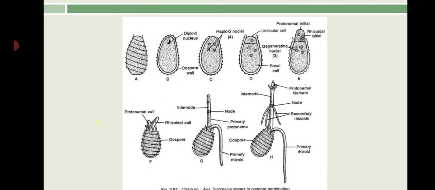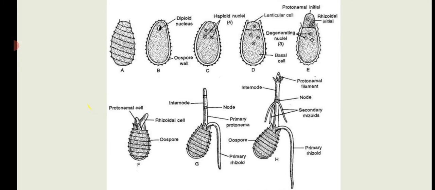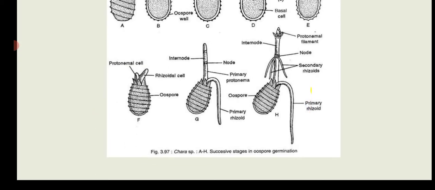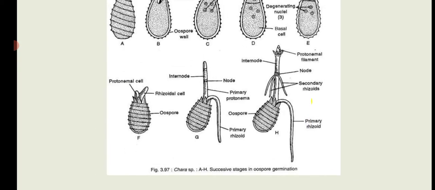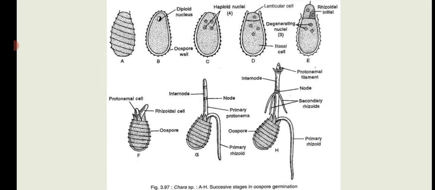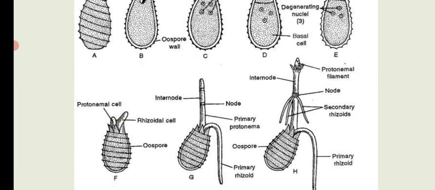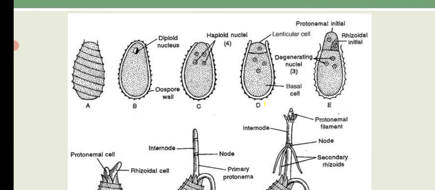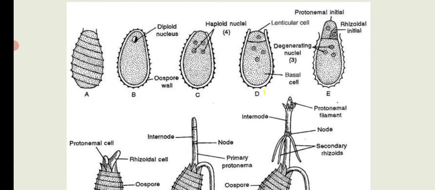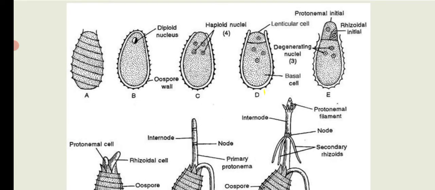Now this is a slide representing the successive stages in oospore germination. You can clearly see that a diploid nucleus is there, covered by the oospore wall, and this diploid nucleus undergoes meiotic division. It results in formation of the haploid nuclei.